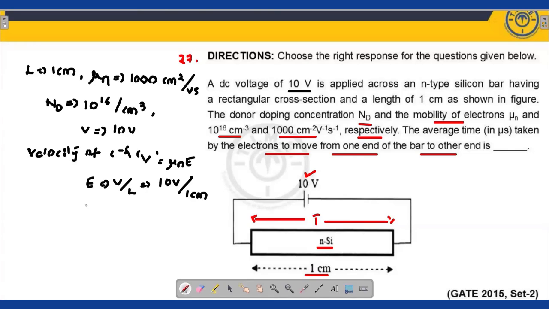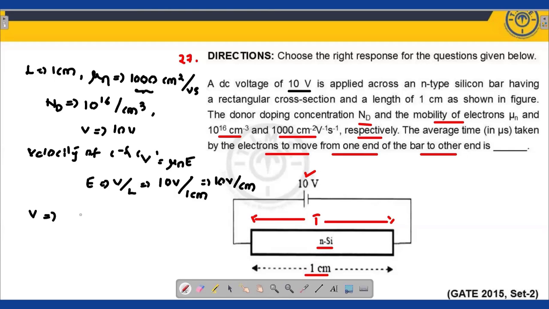Here you are getting 10 volts per centimeter. E, you got it, my dear students. Now substitute here, because mu n is there and E value is there. Now we need to find the velocity.